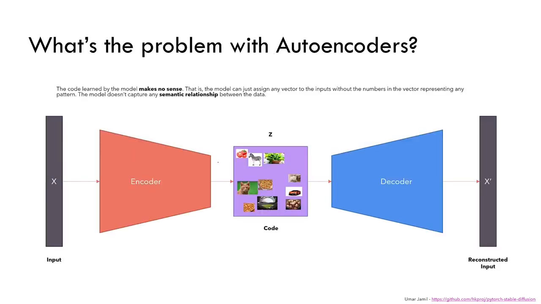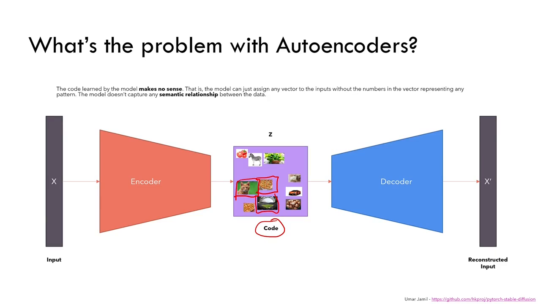Now, the problem with the autoencoder is that the code learned by this model doesn't make any sense from a semantic point of view. So the code associated with the cat, for example, may be very similar to the code associated with pizza, or the code associated with a building. There is no semantic relationship between these codes.